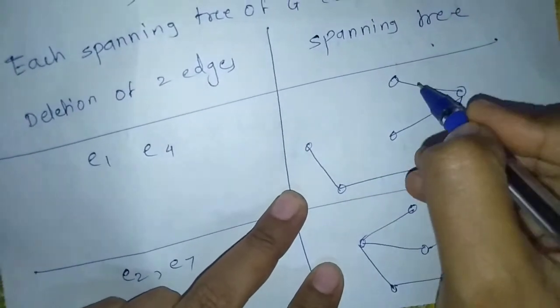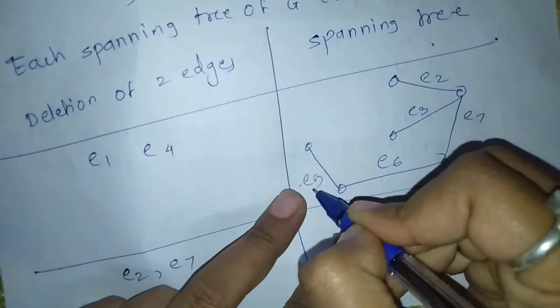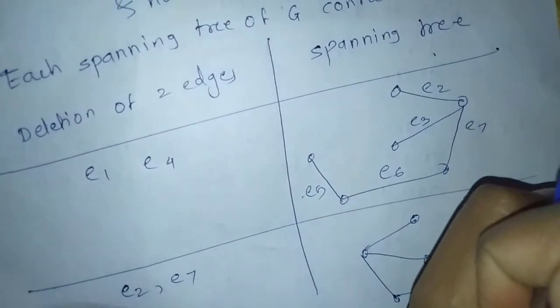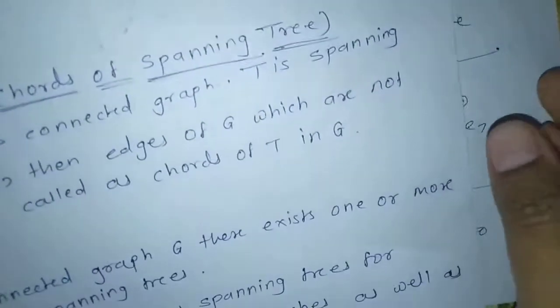Here you can see that E2, E3, E7, E6, E5 are the edges of the spanning tree. So these are the branches of that spanning tree.